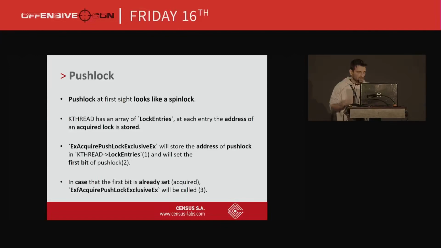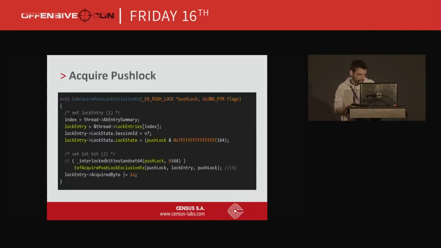For example, the xacquire push lock exclusive x, which is the function that will acquire a push lock, will store the address of the push lock to the lock entries of the k-thread, and then set the first bit in the push lock. Now, in case the value of our push lock is already set, which means that the push lock is already acquired, xf acquire push lock exclusive x will be called.